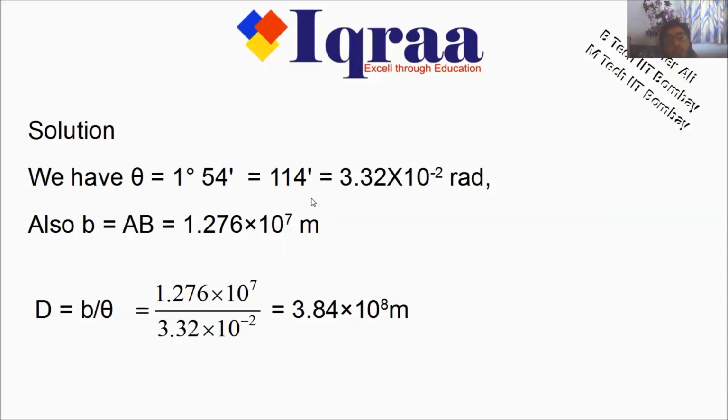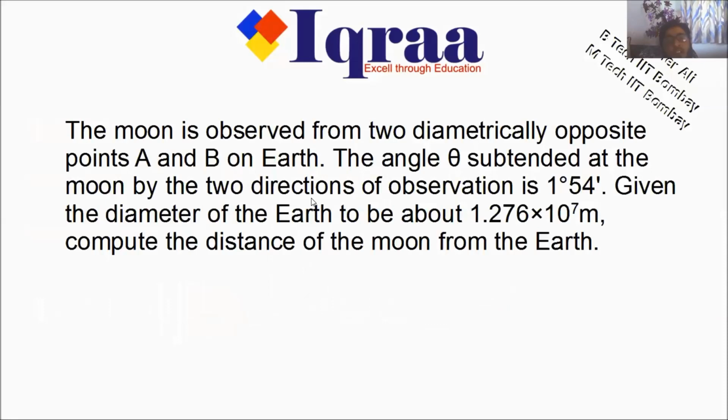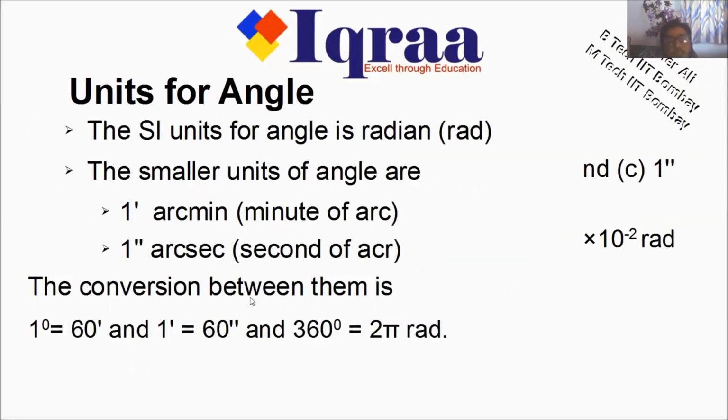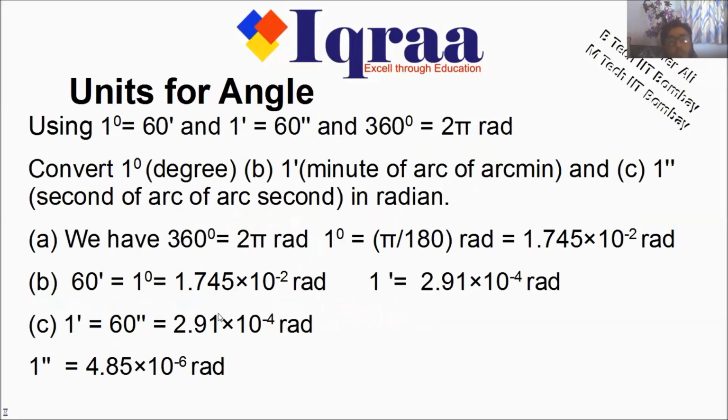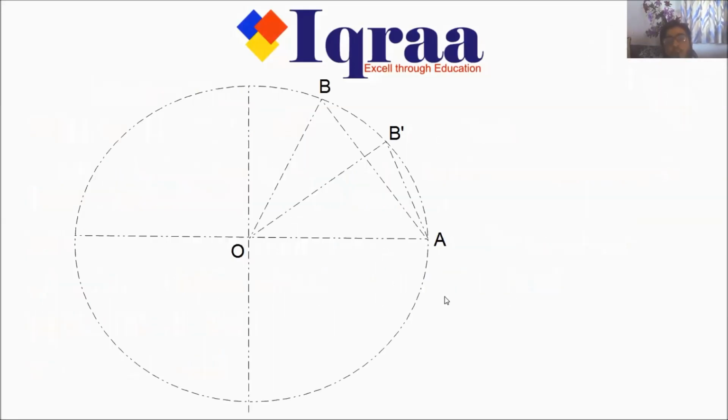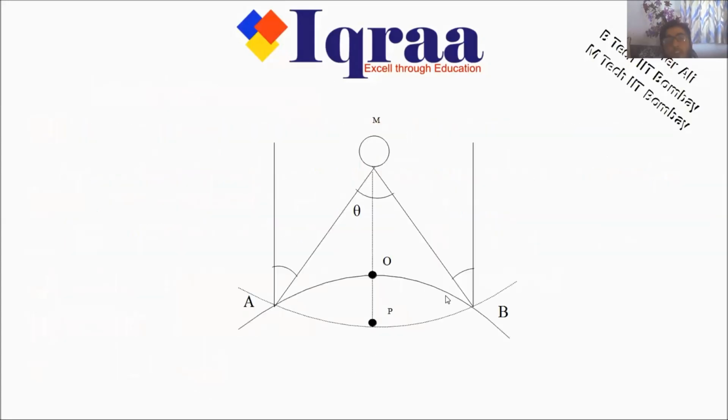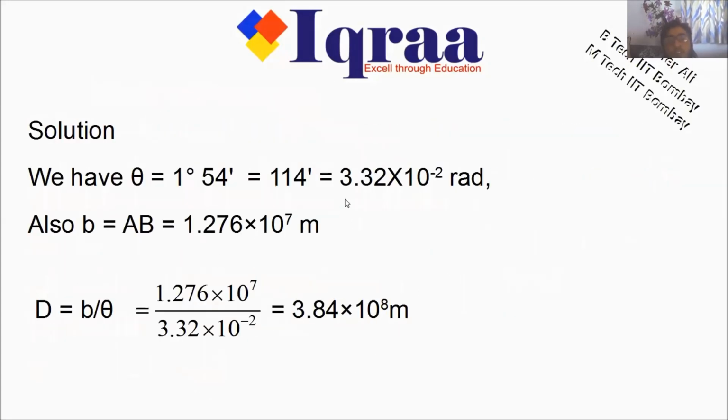And in the previous sheet, we have seen that one minute is 2.91 × 10 to the power minus 4 radians. So you use this to find out that theta is 3.32 × 10 to the power minus 2 radians.